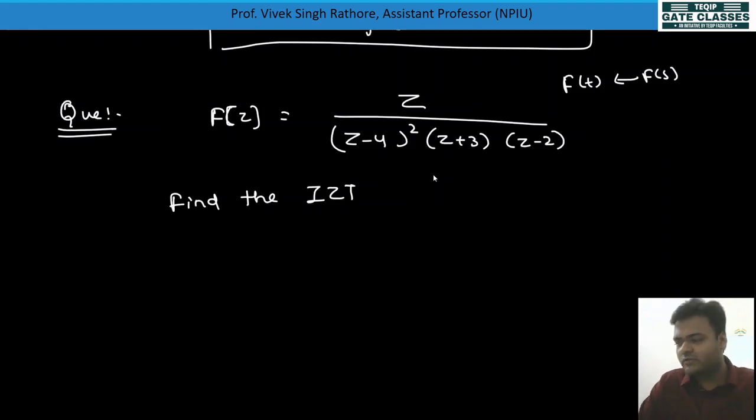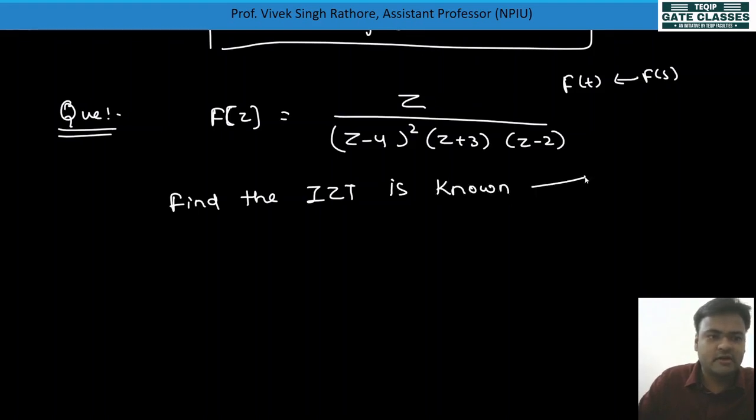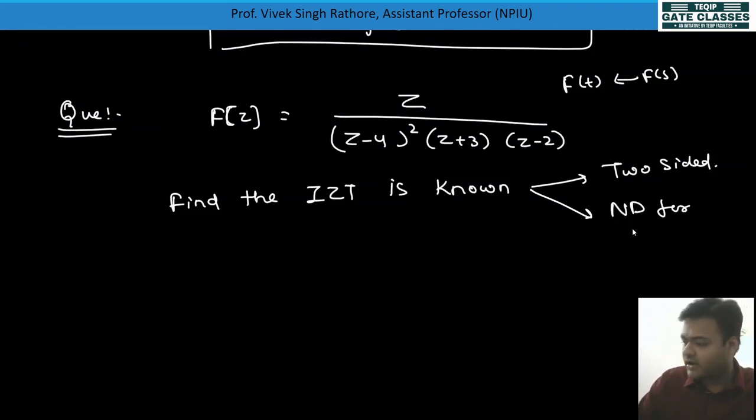So if the inverse Z transform is two-sided, this is given in the question. First of all, we have understood that, and the second thing given is that it is not defined for z is equal to 3 plus j2.